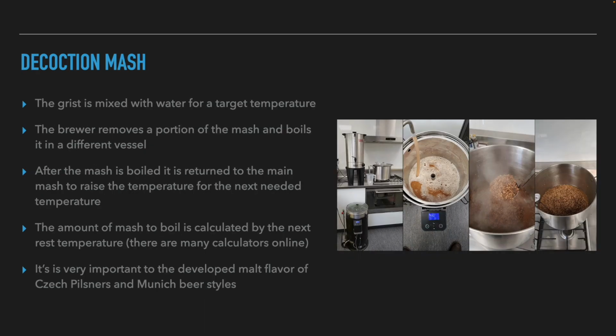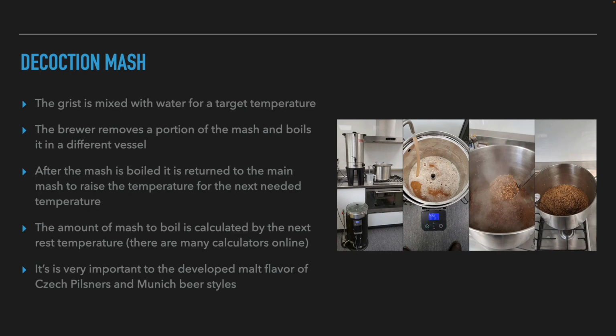The next mashing method is called decoction mash, and it is a version of multi-step mash. In this method, the brewer mixes the water to reach a target temperature. To get to the next temperature, the brewer removes a portion of the mash, heats it with a rest at around 70 degrees, and then boils it in a different vessel.